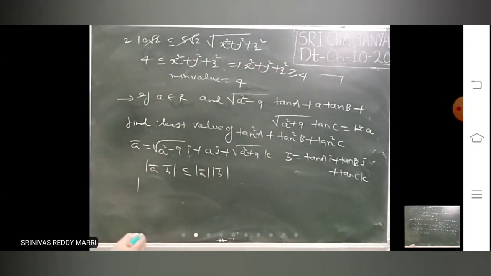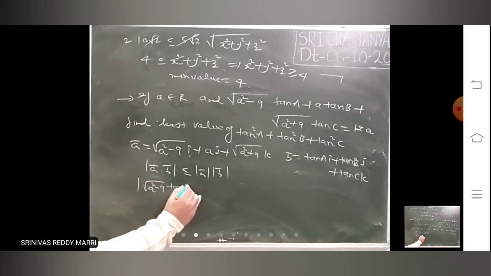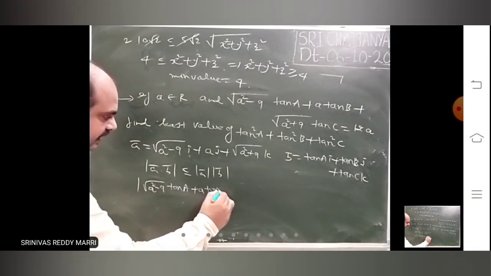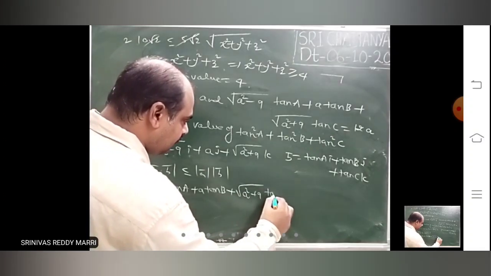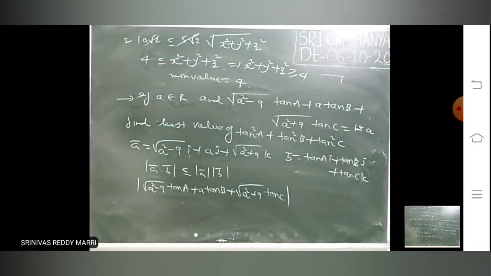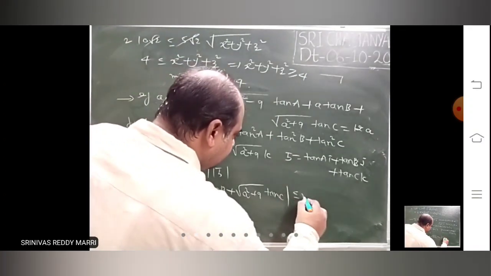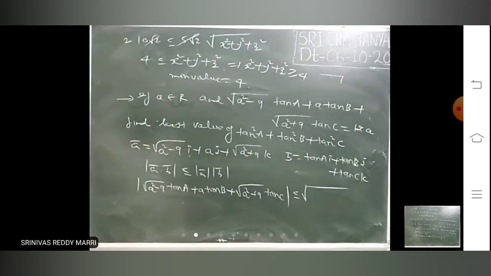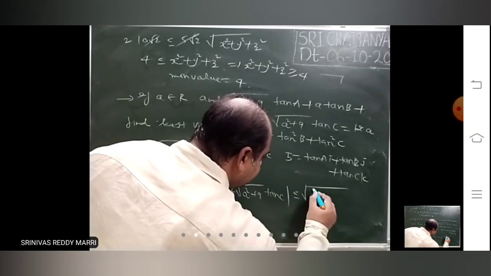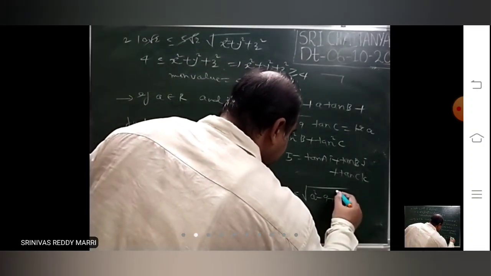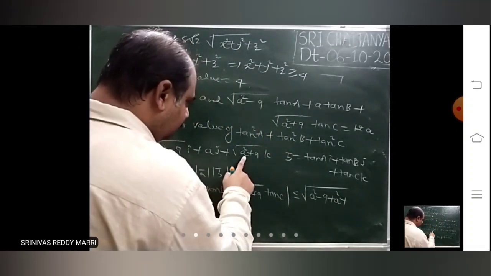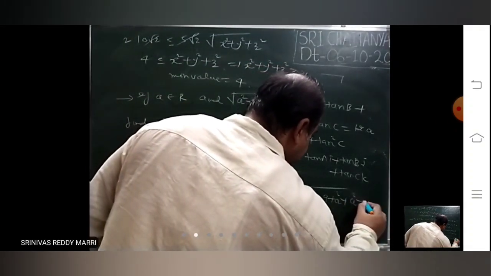So what is a dot b? a dot b is nothing but root of a square minus 9 tan A plus a tan B plus root of a square plus 9 tan C. That is, a dot b is less than or equal to modulus a bar into modulus b bar. Look at a square minus 9 plus a square plus a square plus 9.